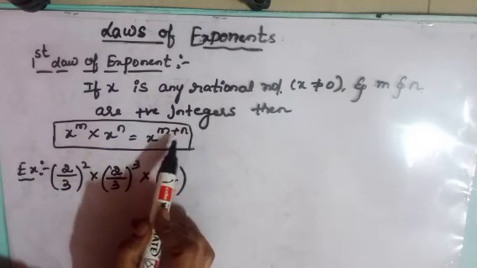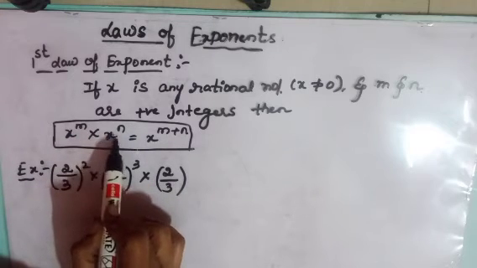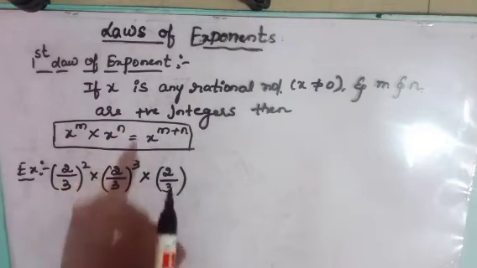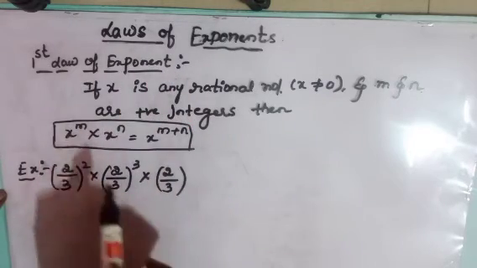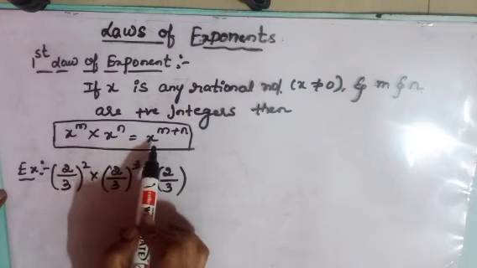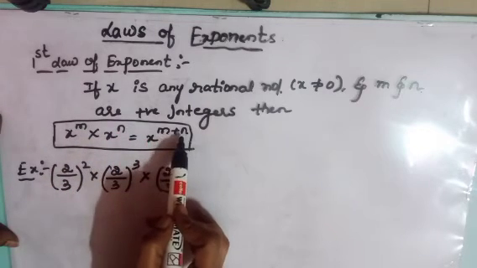That is, when bases are same, we had to add the powers. So the first law of exponent concludes that x to the power of m into x to the power of n equals x to the power of m plus n.